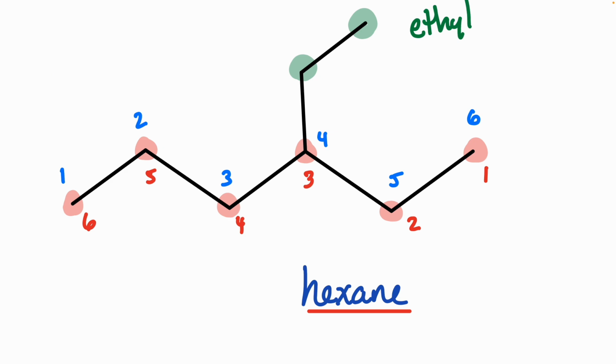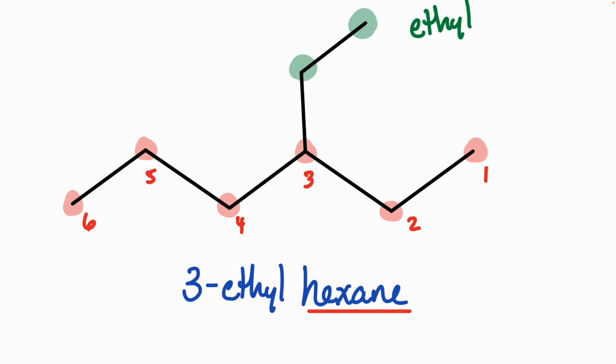And I'm going to look at which number would be in my name. So if I pick the blue numbering scheme, my substituent is at carbon 4. But if I pick the red numbering scheme, my substituent is at carbon 3. So which one do I want, blue or red? Red. We're going to pick the one that gives us the lowest possible number in our name. Okay. So this molecule here would be 3-ethylhexane.